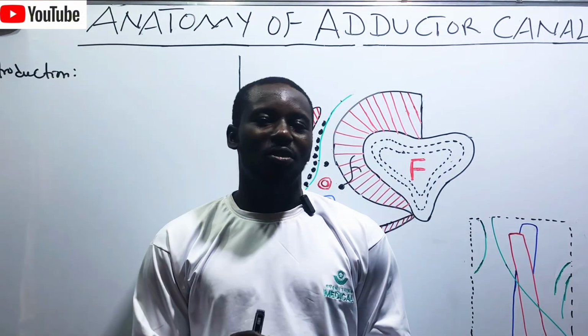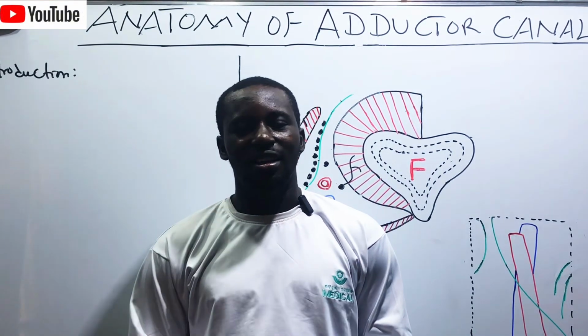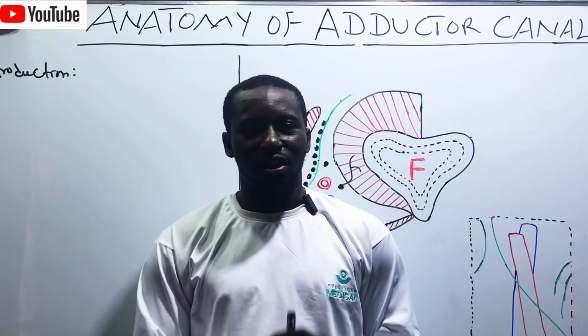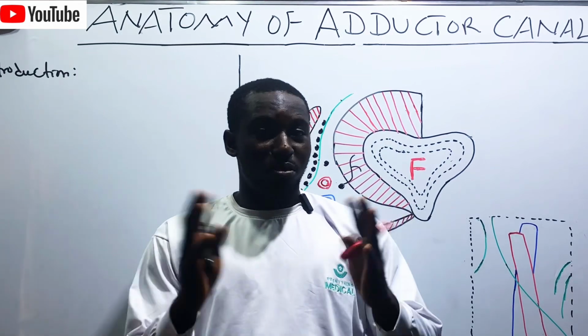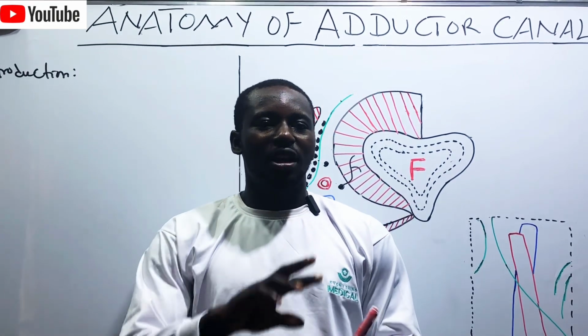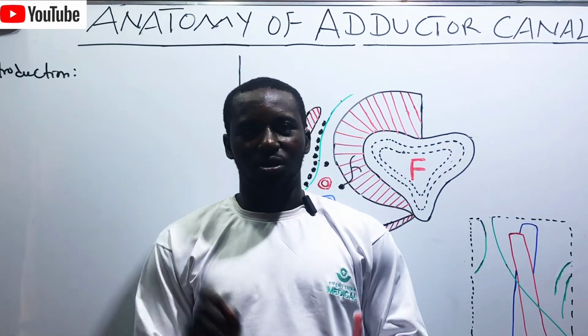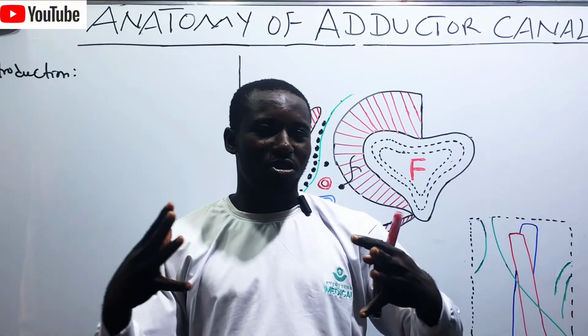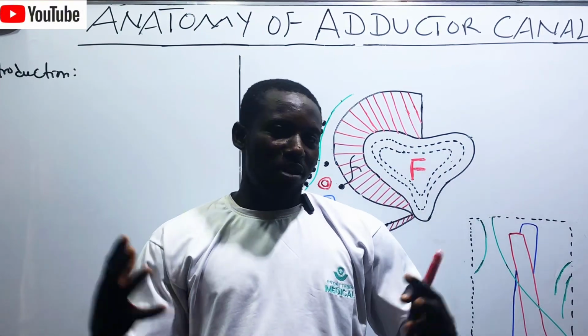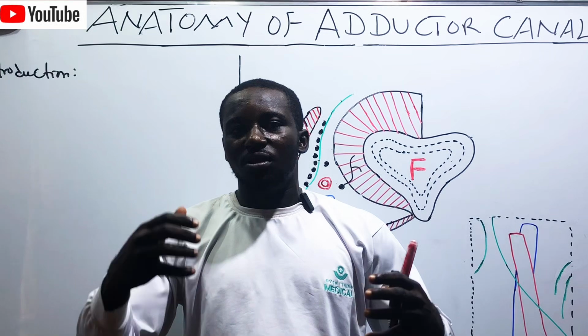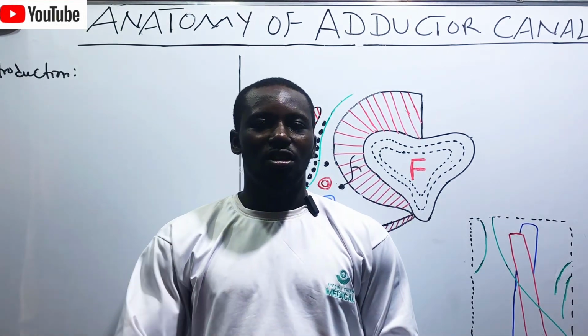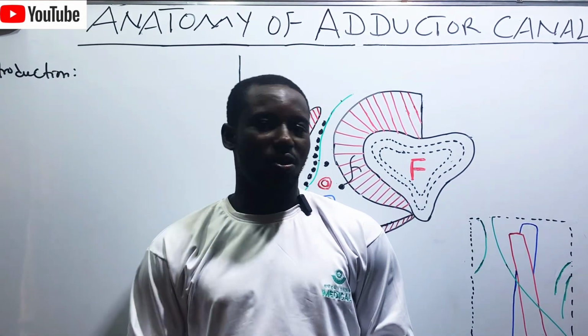That is the introduction of the Hunter's canal. It means that the tunnel is surrounded by a band of muscles. That is why it's called an intermuscular or fibromuscular tunnel.